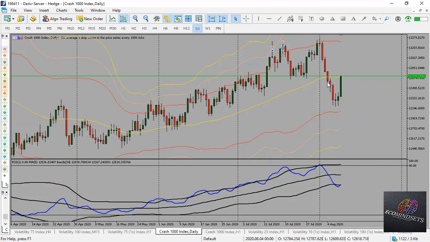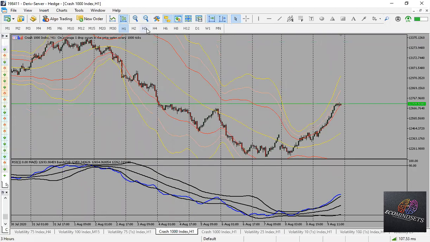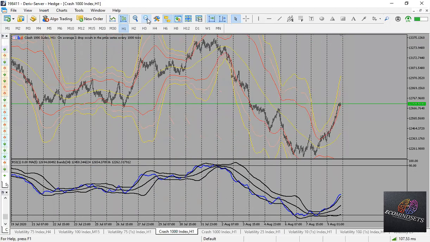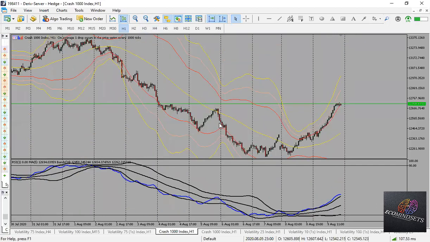So I go straight to my H1, and you can choose the zoom level. It works with 3 zoom levels, but normally I prefer this one. It gives me a clear picture.